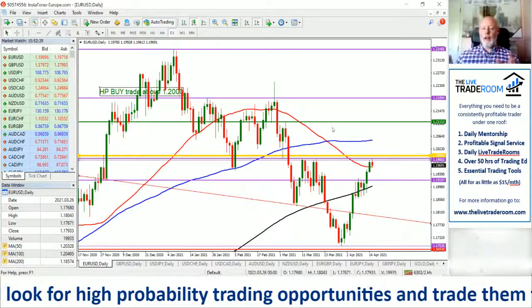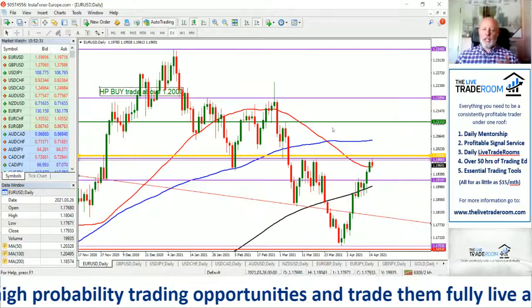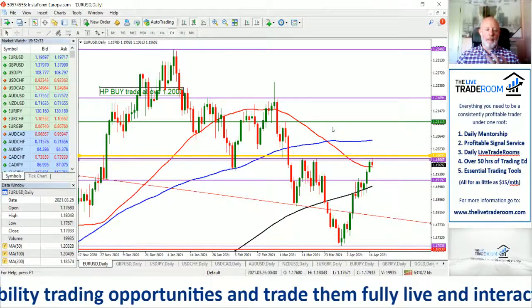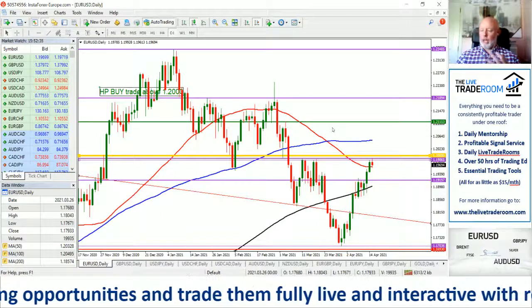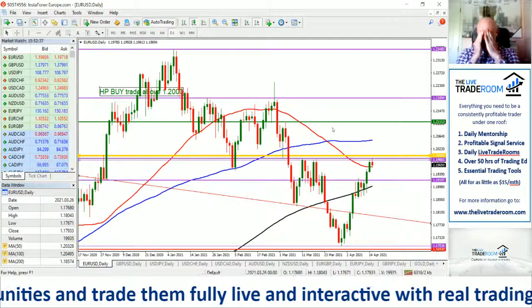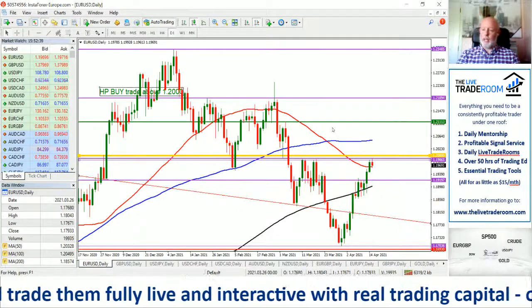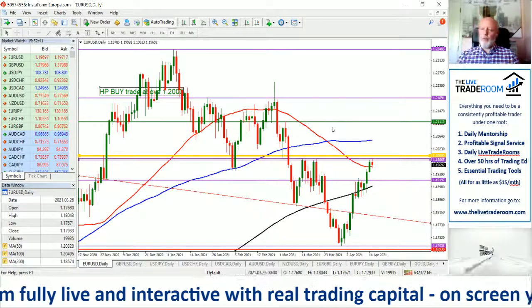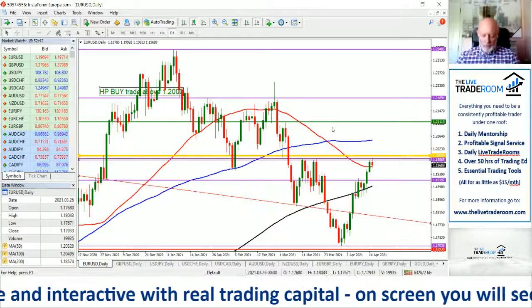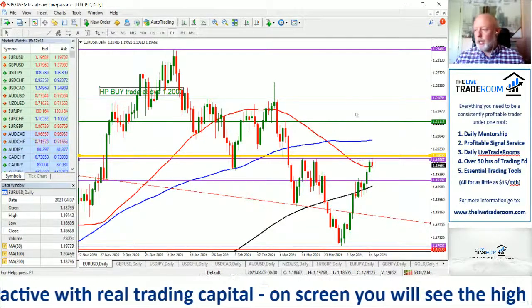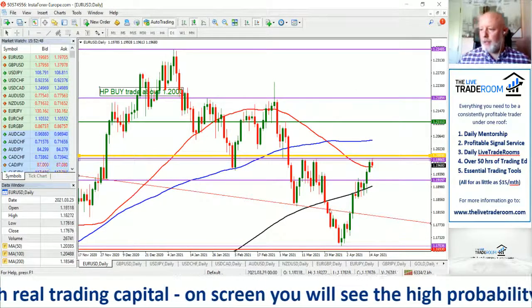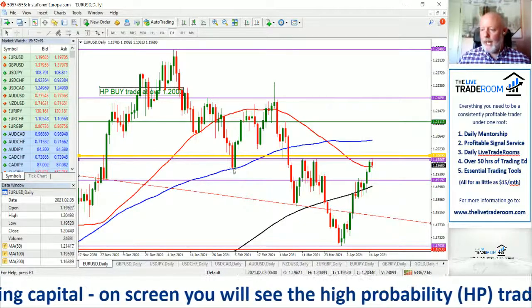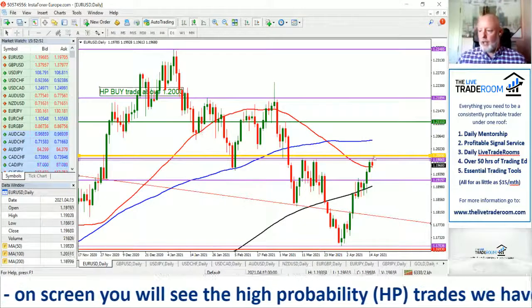And just to clarify, they're only of major significance on the daily time frame and above. Using these moving averages on the smaller time frames, although lots of traders use them, they're not that reliable. But on the daily time frames they are, because prices react around those levels on many occasions.